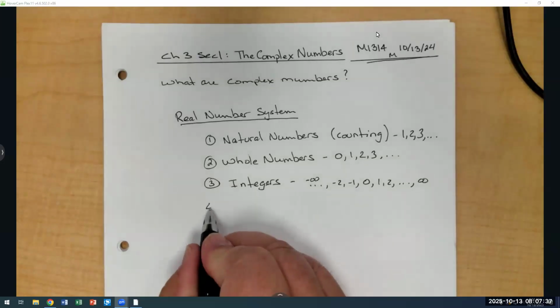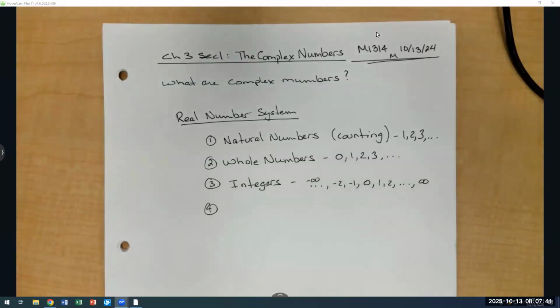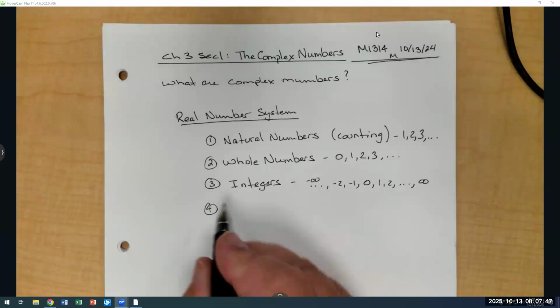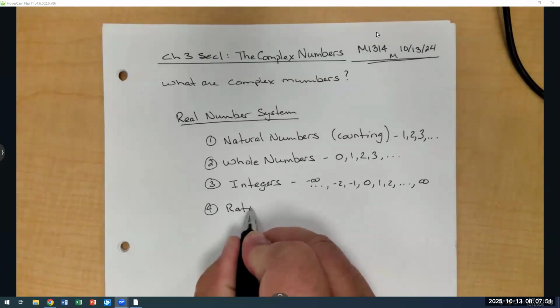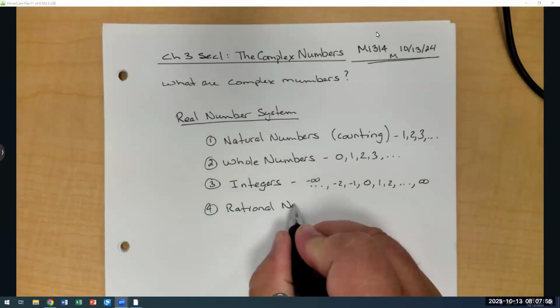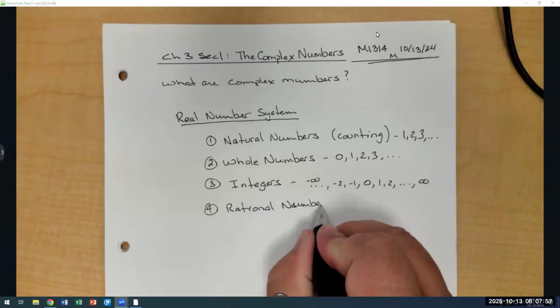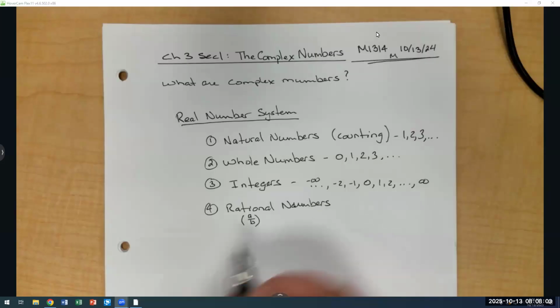Because what happens between 0 and 1? How many numbers are between 0 and 1? Infinite numbers. We call those rational numbers. Ratio is simply a fraction.